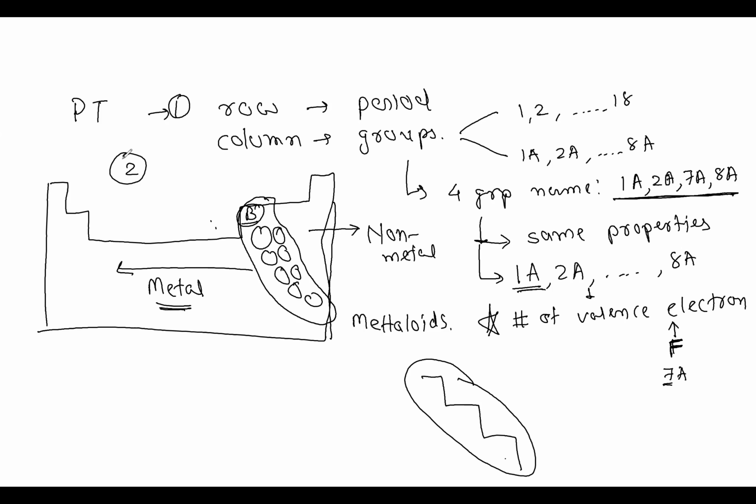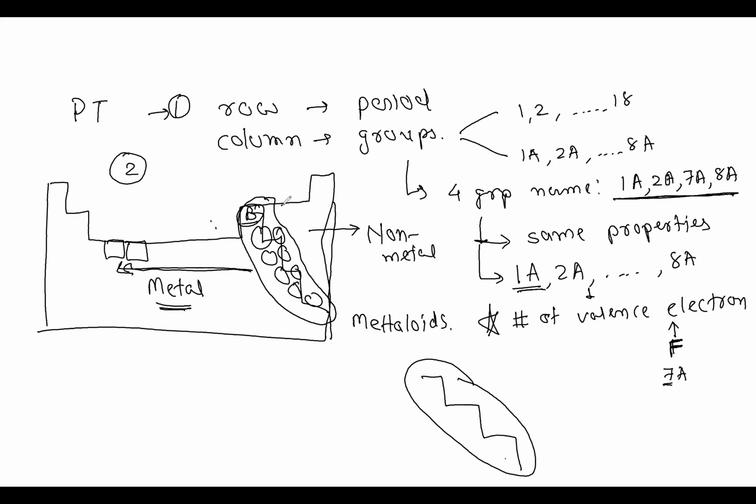You don't have to remember the name of each metal, but this is the idea you should have: anything on the left side of that zigzag is considered a metal element. Every box in this periodic table is called an element.